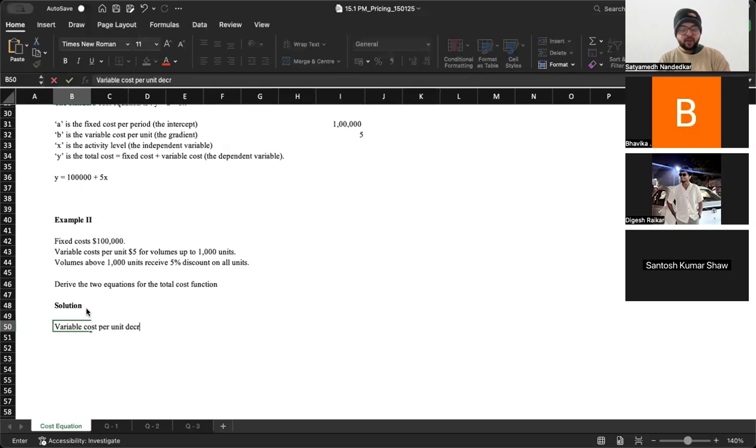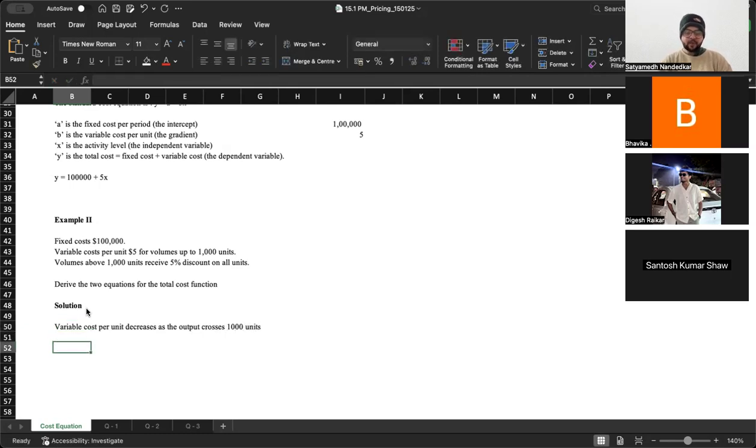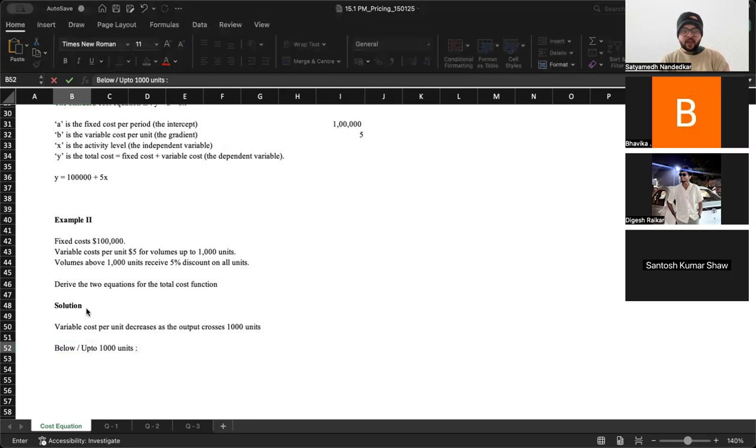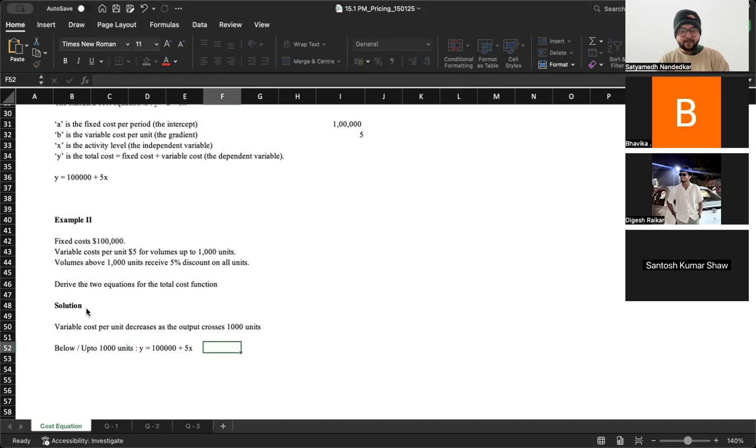Variable cost per unit decreases as the output crosses 1000 units. ठीक है. So below, up to 1000 units, आपका cost equation कैसे होगा? Up to 1000 units, cost equation will be y equal to 1 lakh plus 5x.